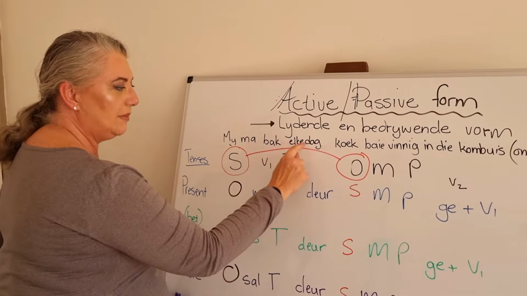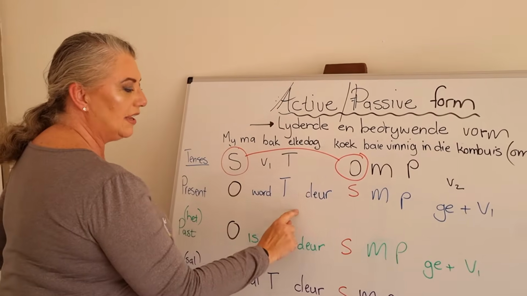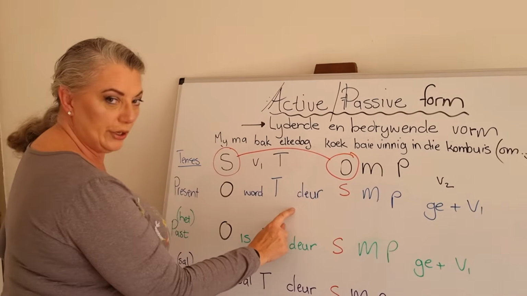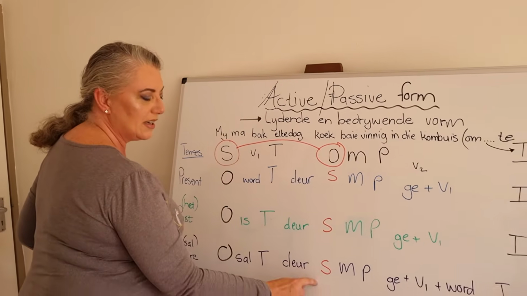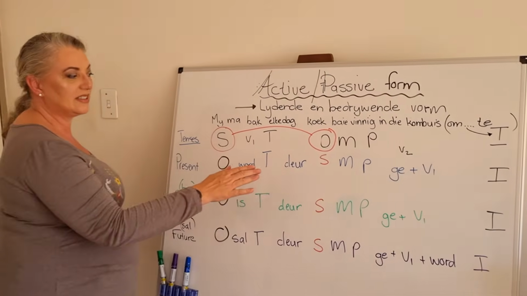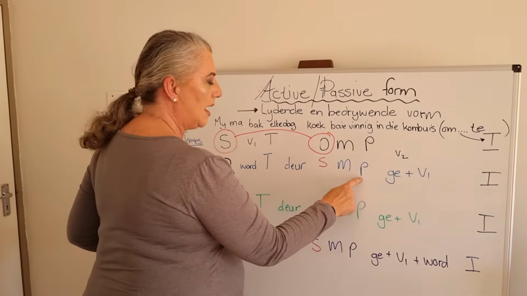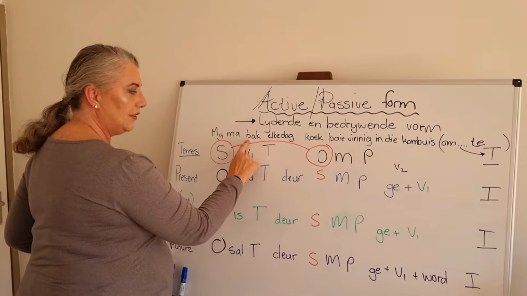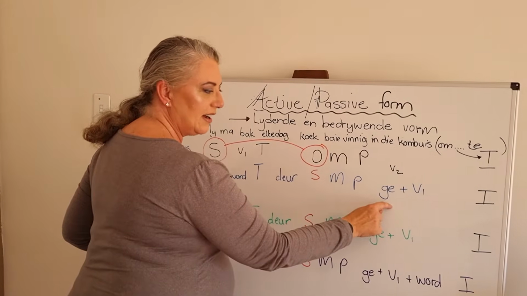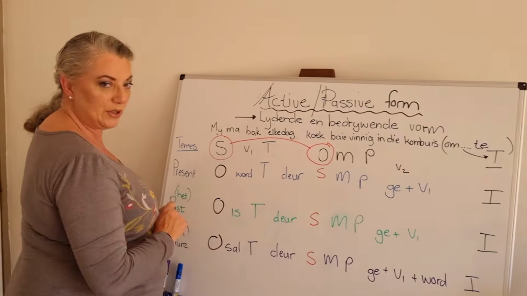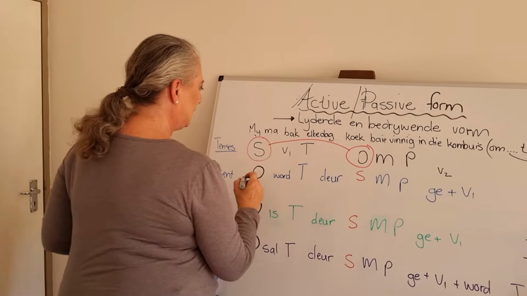Then the time, elke dag. Then we add the word deur just before the subject. The rest of the sentence stays exactly the same, but the first verb goes to the back and it gets a ge. Let me do that for you quickly.